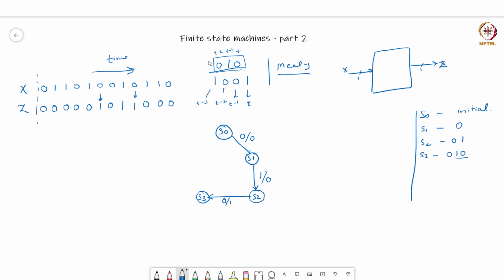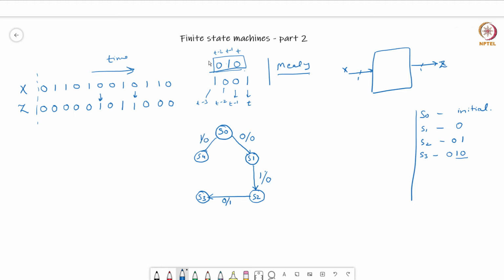Now for the second sequence, if the input is 1, then we have S3 which we have already written. So let's create another state S4, which means that the input is 1 and the output is going to be 0.